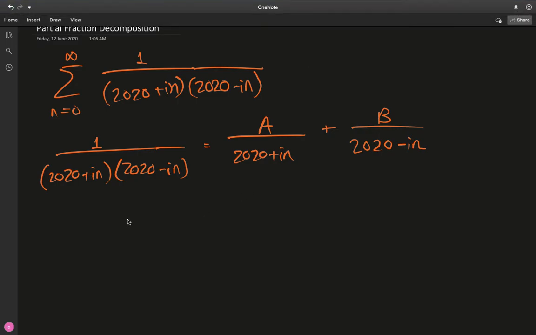Okay, so this means that we can write our sum from n equals 0 to infinity as these partial fractions that we just found out. We found a and b to be 1 over 4040, so we can write that as a constant outside, times 1 over 2020 plus in.